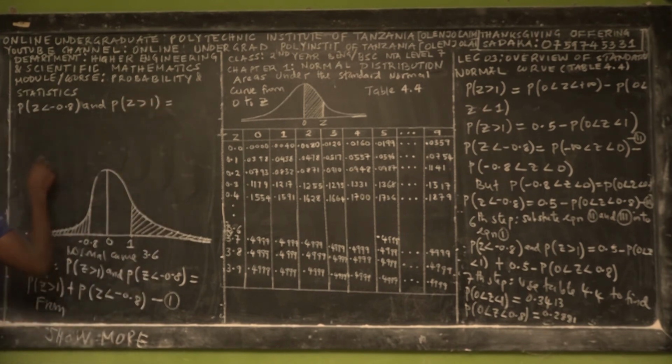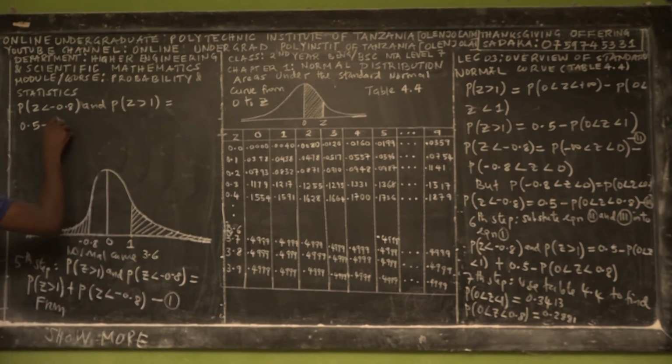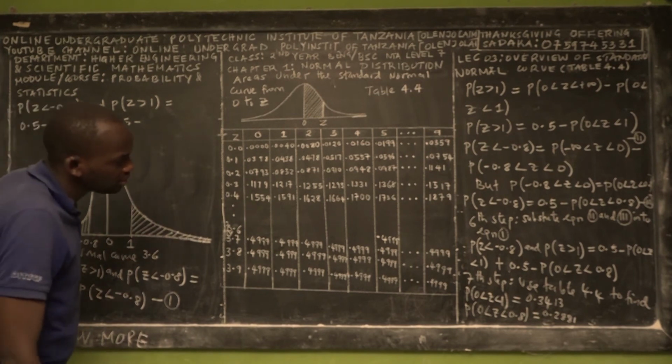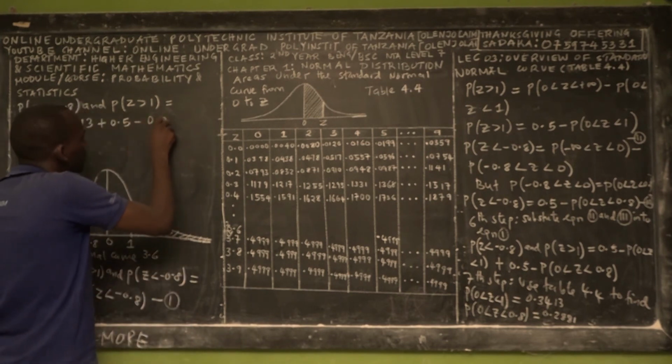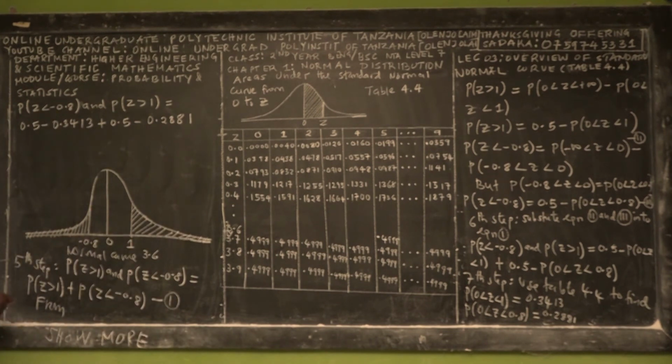This is equal to 0.5 minus 0.3413 plus 0.5 minus 0.2881. So therefore, the probability of the absolute value of x minus 30 greater than 5 is equal to what?